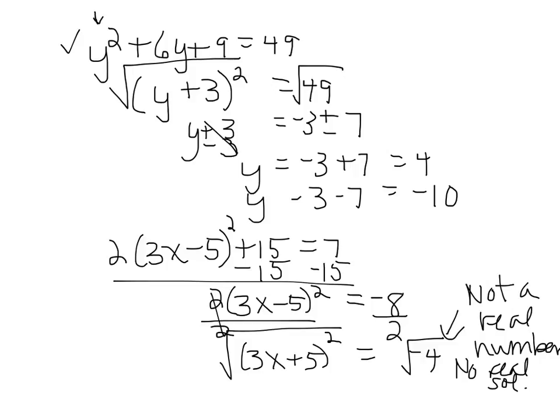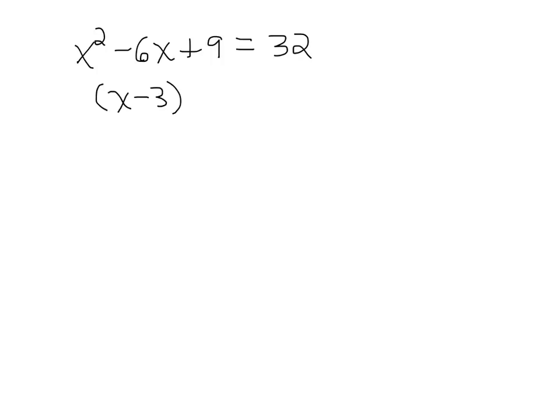Okay, so I'm going to abbreviate that. That's among the hardest that you have to do. If I say x squared minus 6x plus 9 equals 32, first thing we'll recognize is that this is a perfect square trinomial, so it's x minus 3 squared is equal to 32.